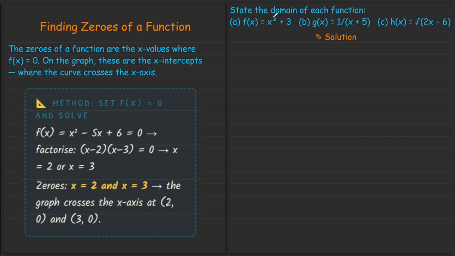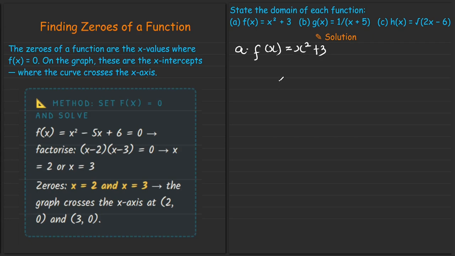It says, state the domain of each function. So we have all these functions here and we want to state their domain. For the first one, which is f of x equals x squared plus 3, we want the domain. Now there are restrictions only if it is a fraction or a square root. But in this case, we don't have a fraction nor a square root.